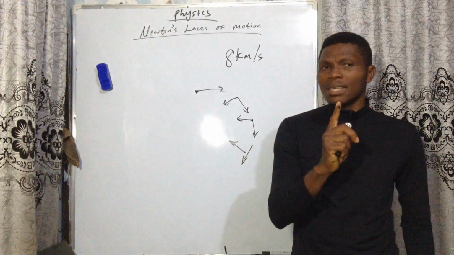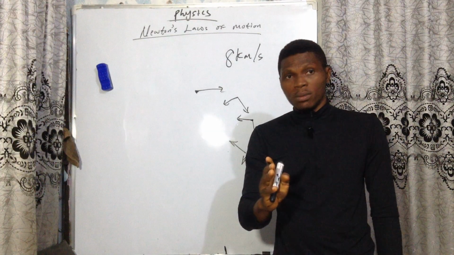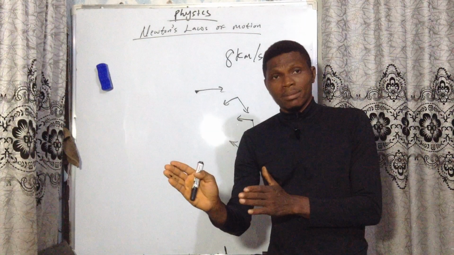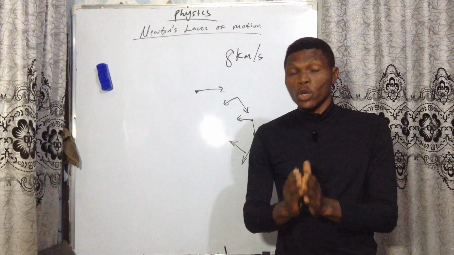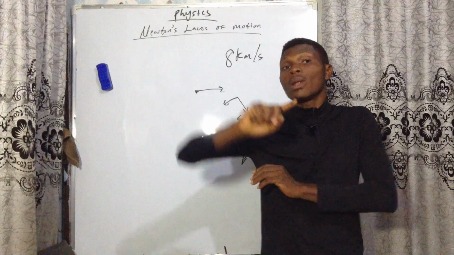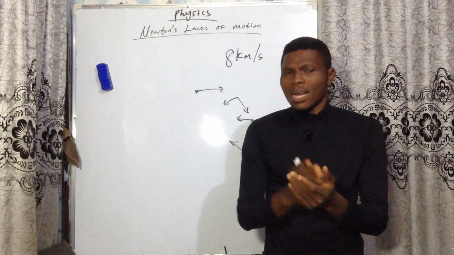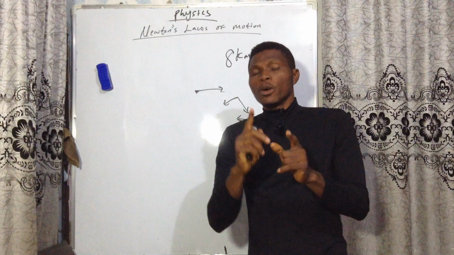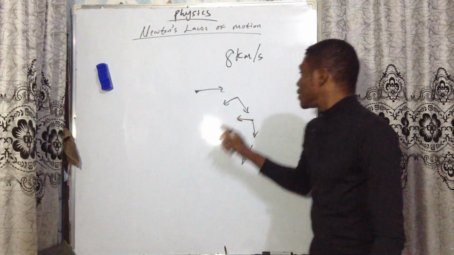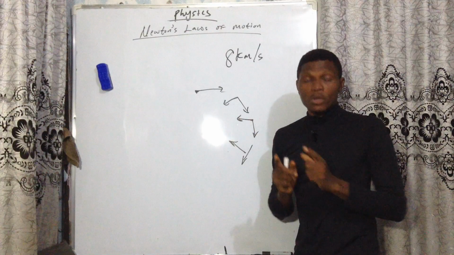So remember Newton said that a body with uniform motion can continue in a straight line, constant motion, unless a resultant force acts on it. So force can cause a change in velocity, but in this case, the direction is what is being changed, not the magnitude of the velocity.